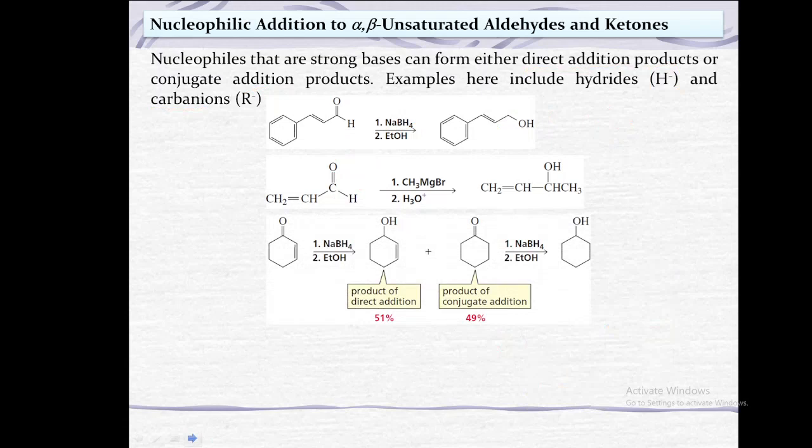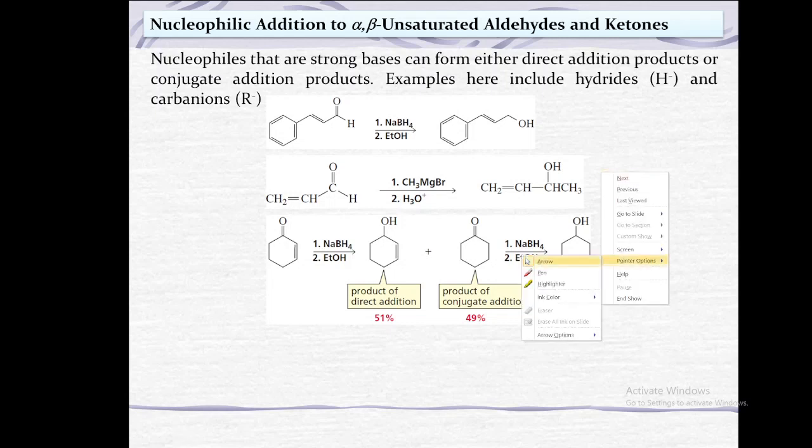These are other examples. This is an interesting one that gives a combination of the nature of the reagent, the nucleophile, and the nature of the substrate, which is the carbonyl compound that we're talking about here.